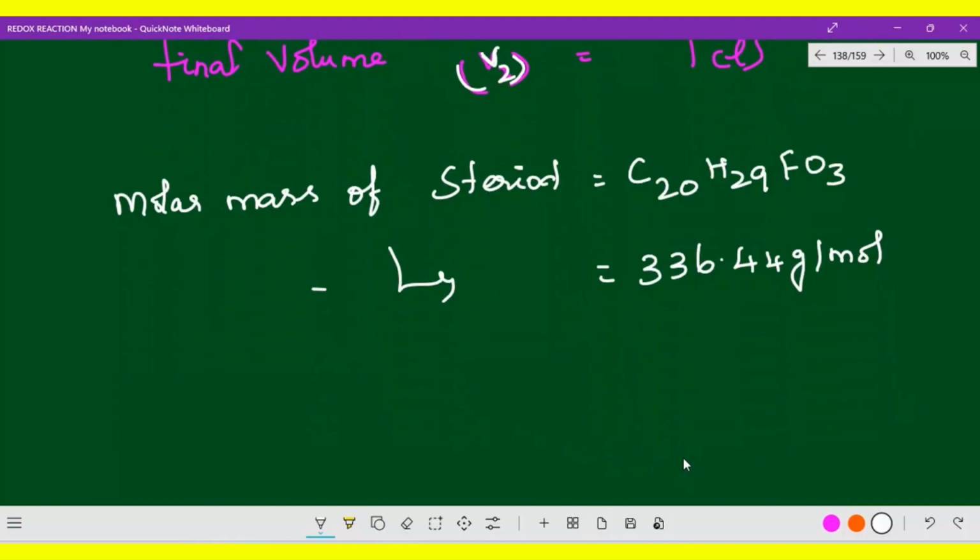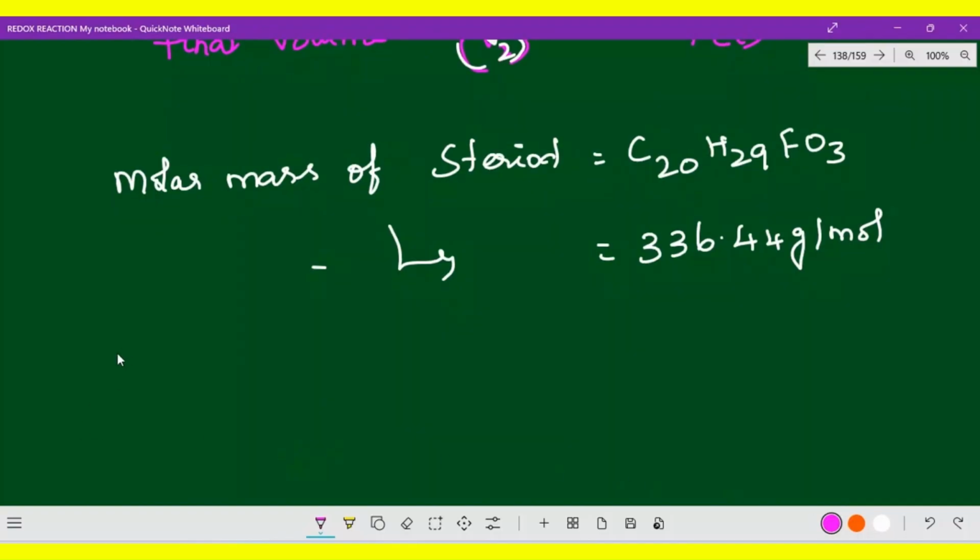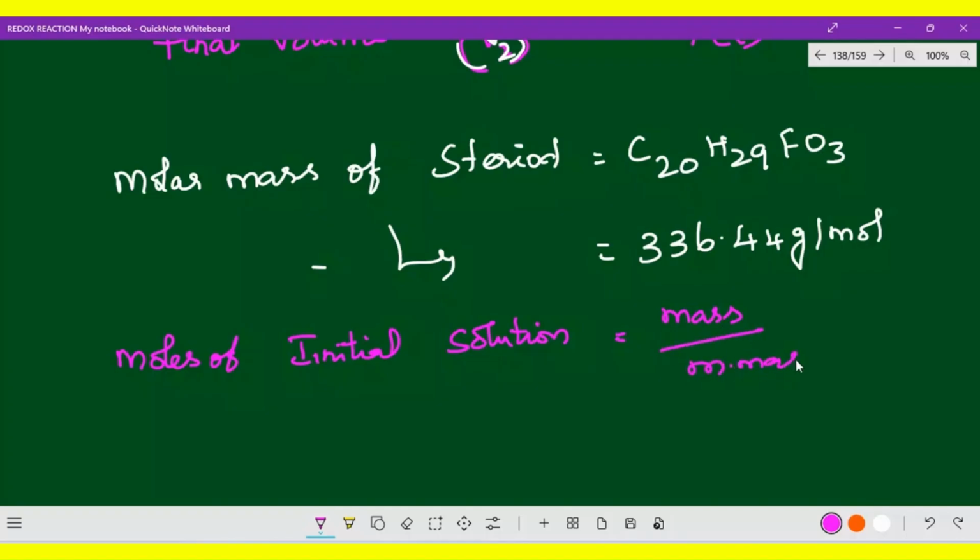Now, moles of the initial solution. Moles is mass by molar mass. The given mass, 10 milligram, we converted into 0.010 gram, divided by the molar mass, 336.44 gram per mole.